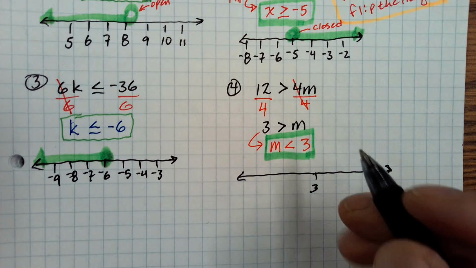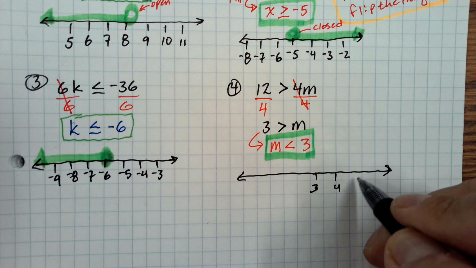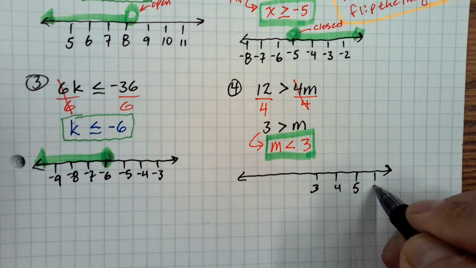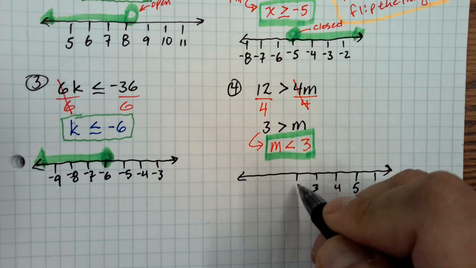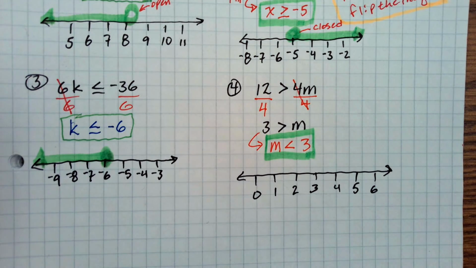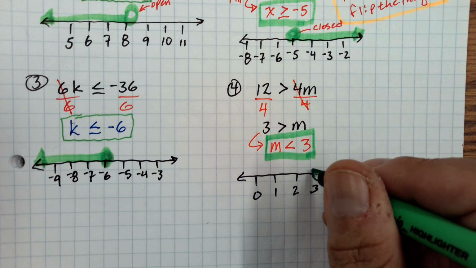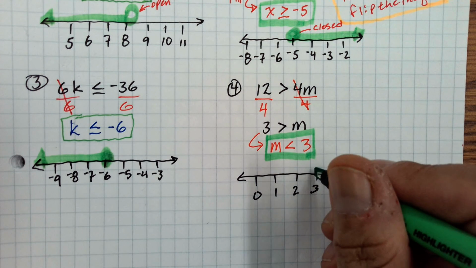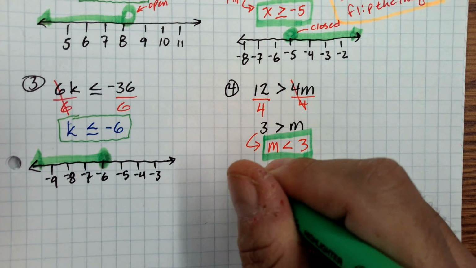Okay, so put 3 there, 4, 5, and 6, 2, 1, and 0. And we want all numbers less than 3. So we're going to go this way.